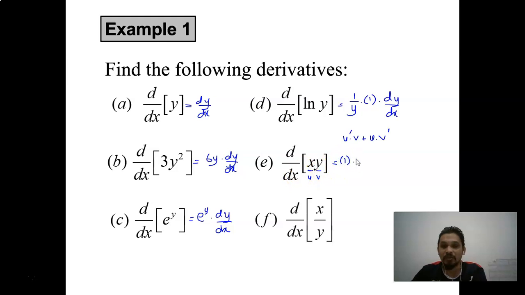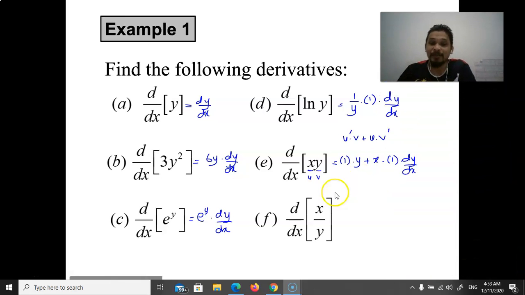Then just copy out the y. Plus, just now we derived the x, right? So it's now time for us to write down x, and it's the turn for y. So derive y equal to 1, and because we derive y with respect to x, then we multiply with dy/dx.